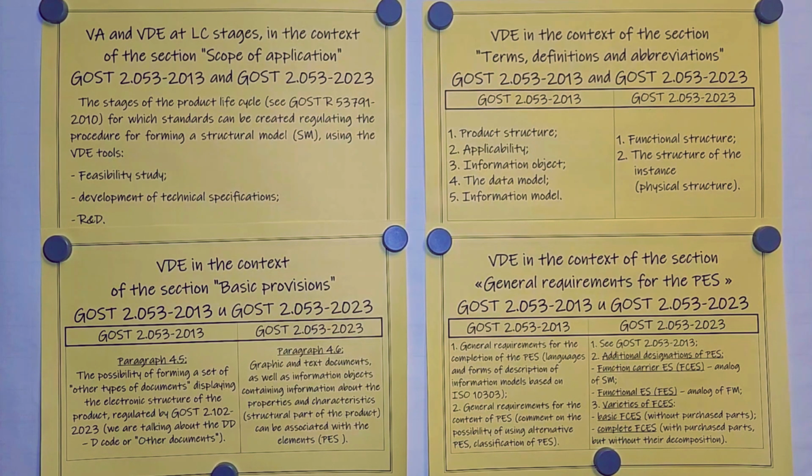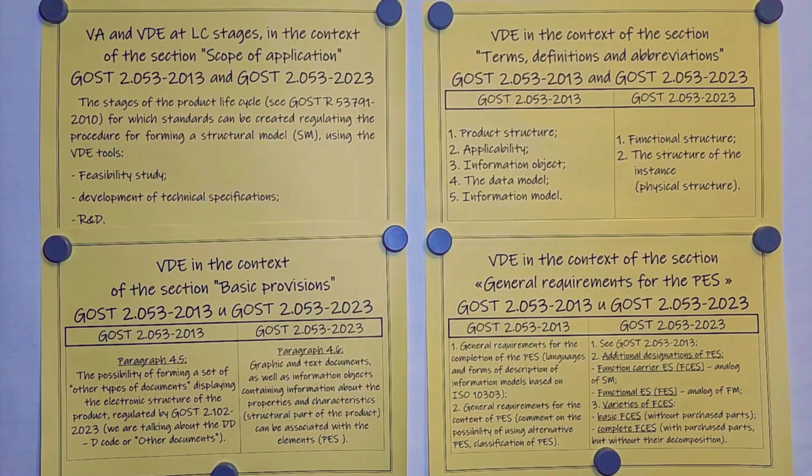In GOST 2.053 from 2013 year, a fairly abstract definition of the product structure is given, namely the structure of a product, the set of component parts of a product and the relationships between them that determine the hierarchy of component parts.